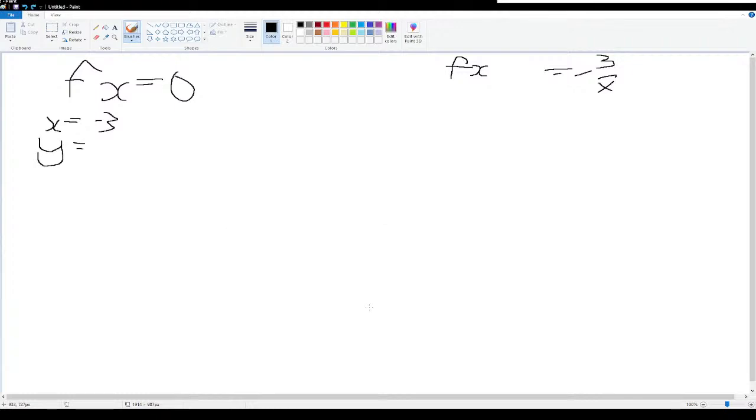Okay, I'm not quite sure what I'm doing at the moment, so let's just put this into a calculator. f(x) equals negative 3 over x, start at negative 5, end at 5 with step 1.